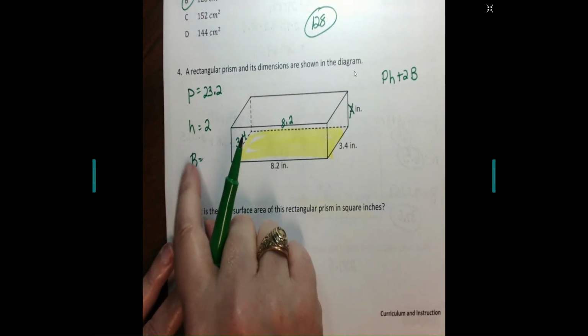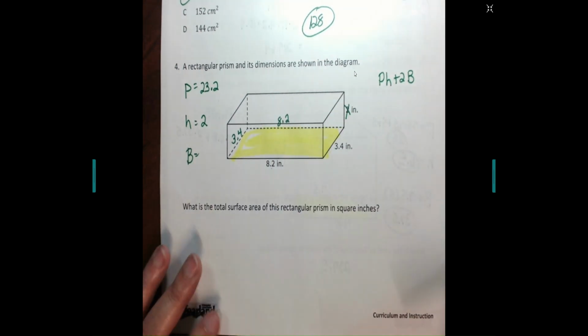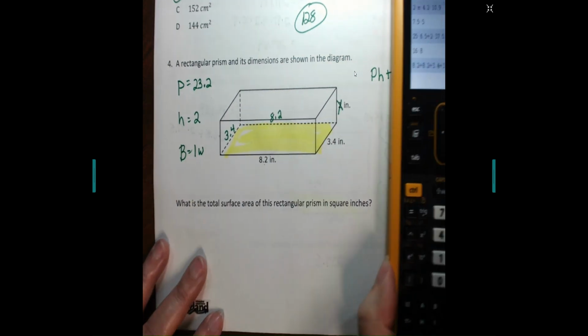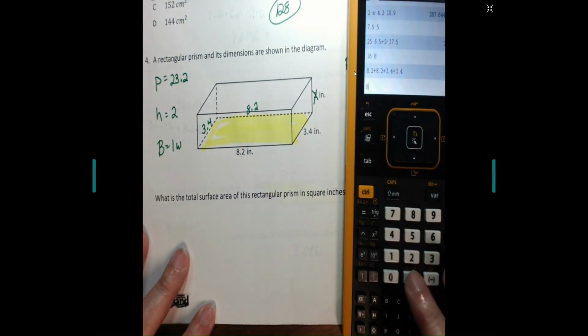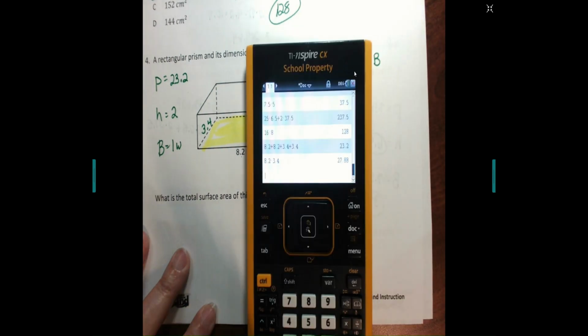How do I find the area of the base? It's length times width. What am I going to multiply? What do I multiply, guys? 8.2 times 3.4, length times width. And I get 27.88.